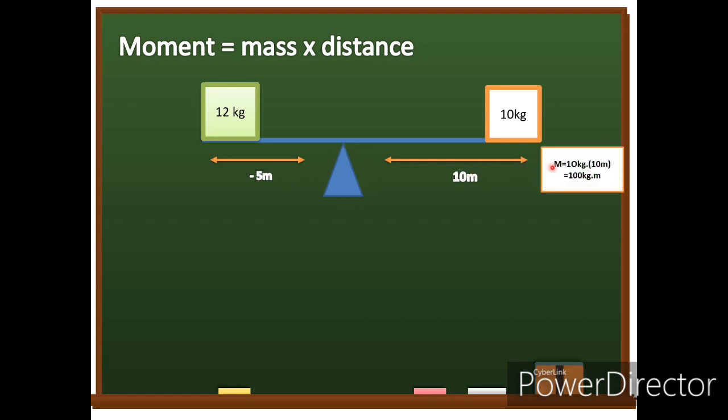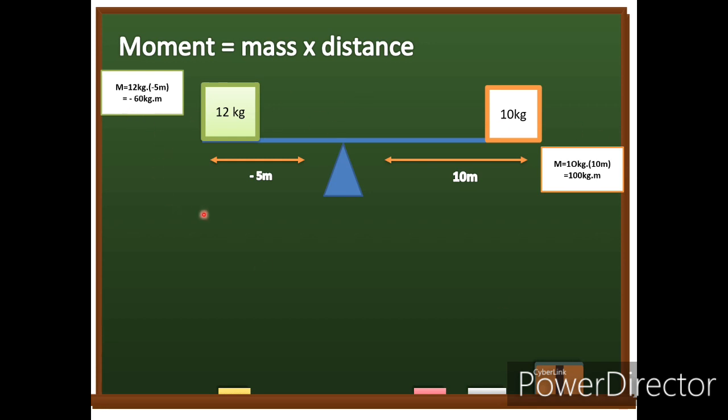The moment of our second object is 10 times 10, which is 100 kilogram times meter, and our first object has a moment of 12 times negative 5, which is negative 60 kilogram times meter.